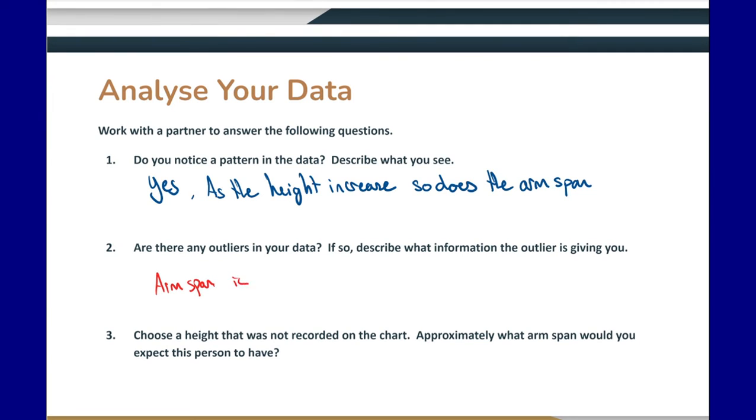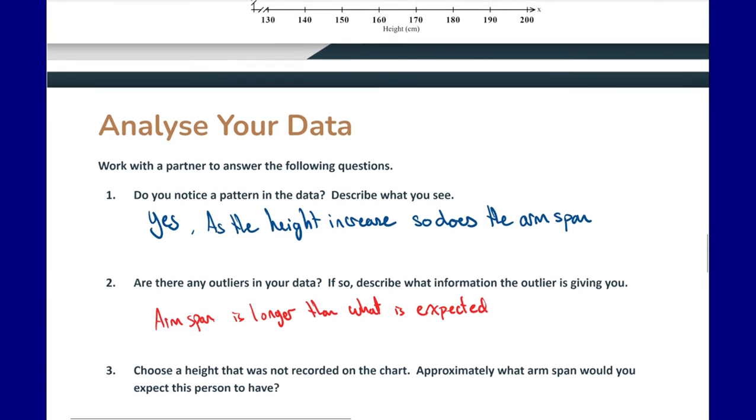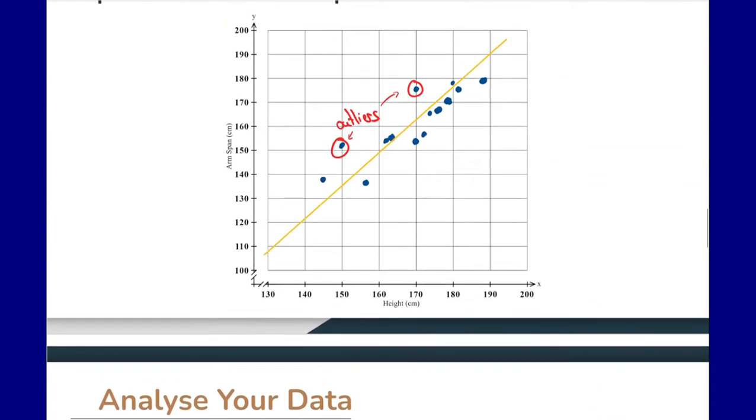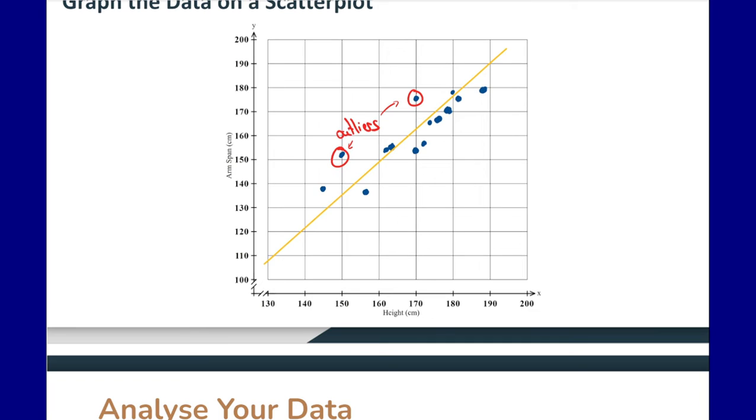So arm span is larger, or we might say longer, than what is, we'll say, not what it should be, but what is expected. So based on our data, the arm span of these individuals is larger or longer than what we would expect based off the other values that we found.